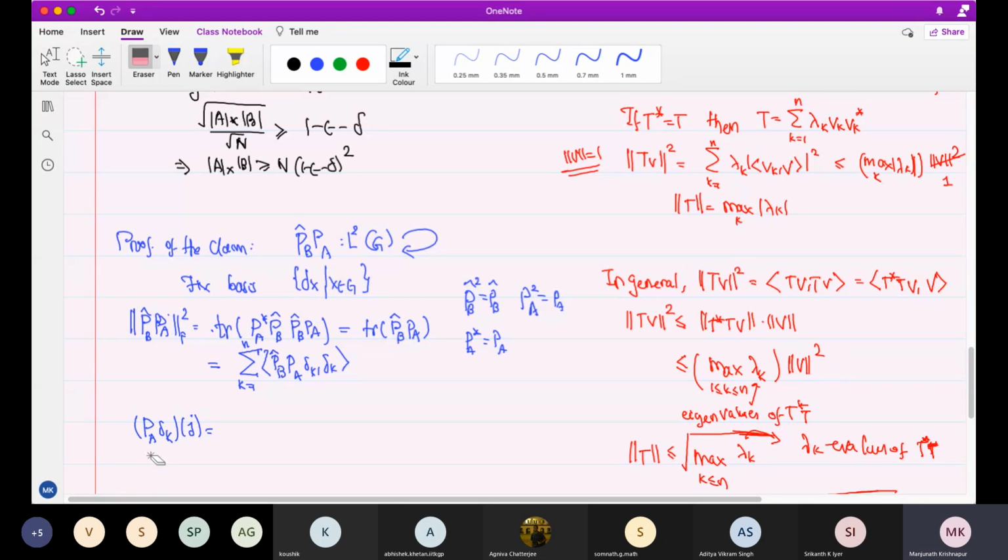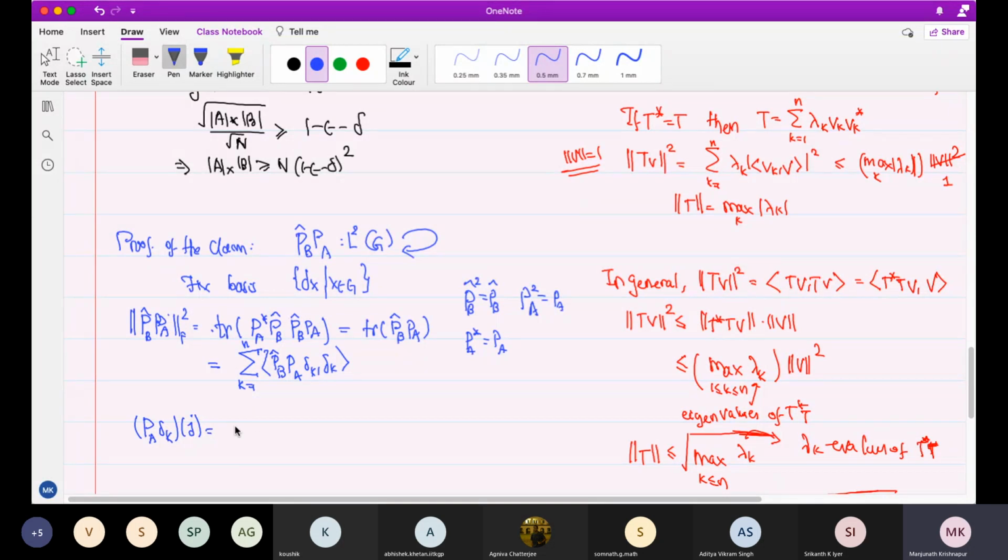Sorry, what P_A does is restrict to A, right? So P_A delta K of J will be, oh sorry. What is it I want? P_A delta K, and then I want to take P_B hat of that. So what does delta K restricted to A do?